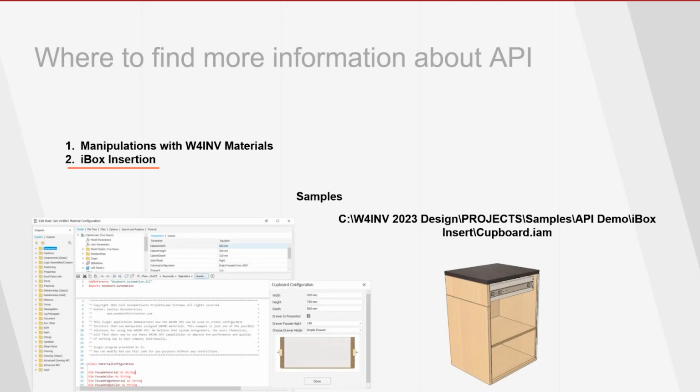So we have this example, and there you see that we have also implemented it in iLogic, and you have a form where you control the sizes of this furniture, and also you can control what type of drawer you would like to insert in this product, and also some other parameters like drawer height and so on you can control in this case.